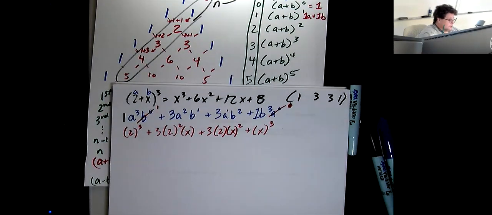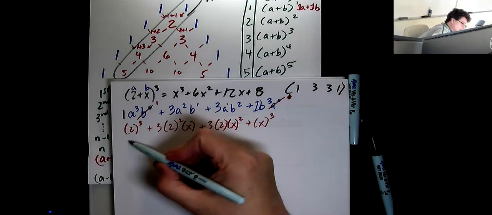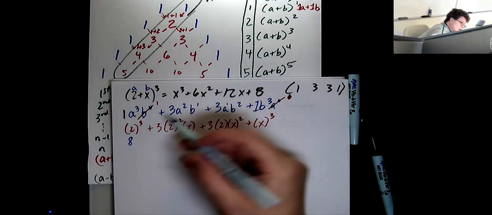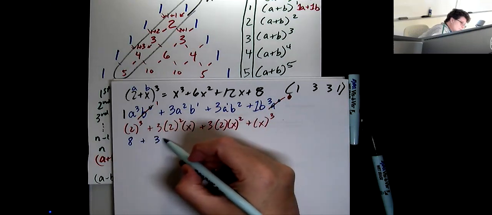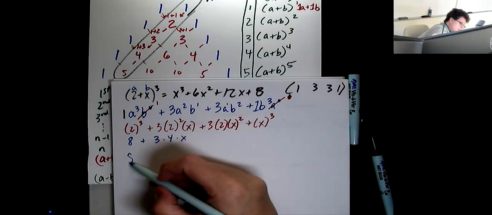I'm deliberately making sure I do parentheses on everything, even though it's quicker if I don't, because as soon as we have something like 2x or 3y in here, everything needs to get hit by the x value. So 2 cubed is 8. This is 3 times 4 times x. So we got 8 plus 12x.